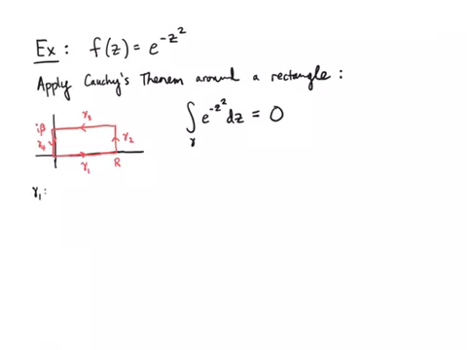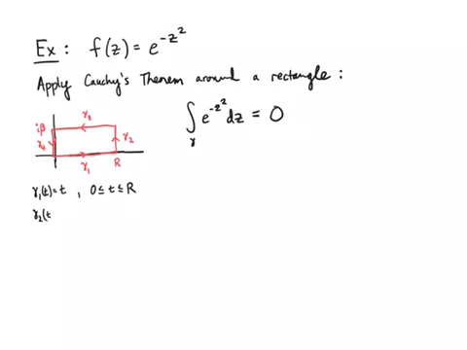So gamma 1, we can parameterize that. We're just going to write down some parameterizations here. We can just use the parameterization t, and t is going to go between 0 and r. So gamma 1 of t is equal to t, and t is between 0 and r.